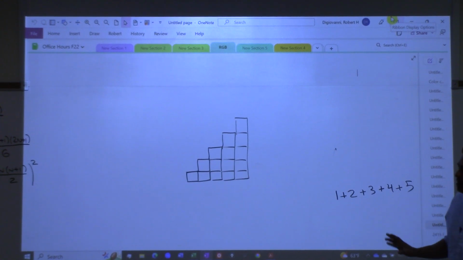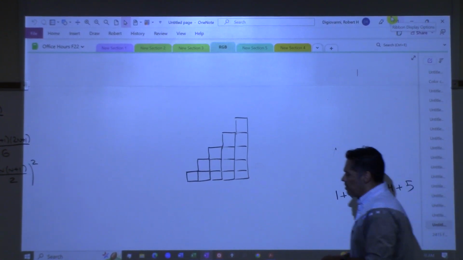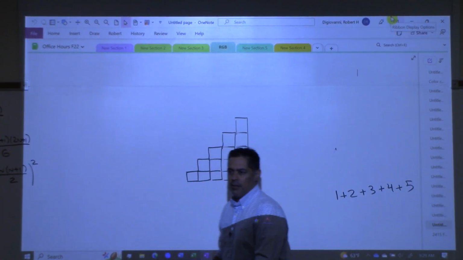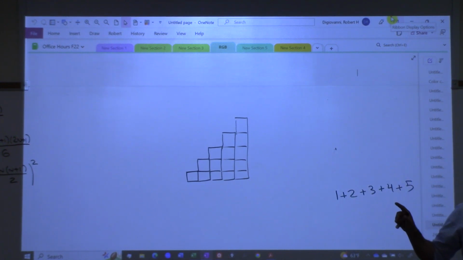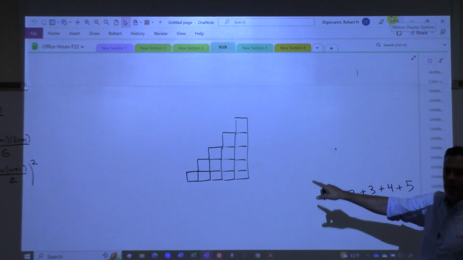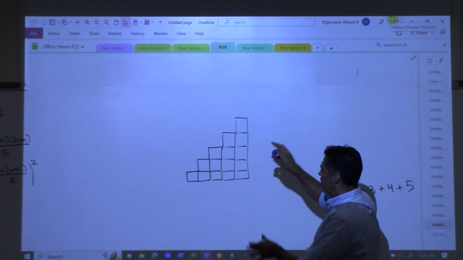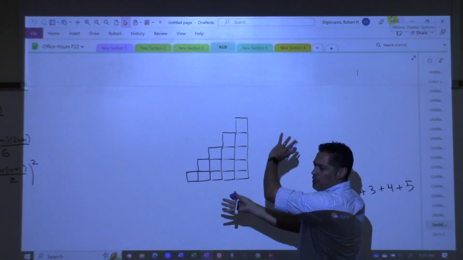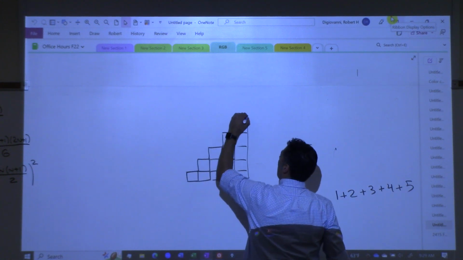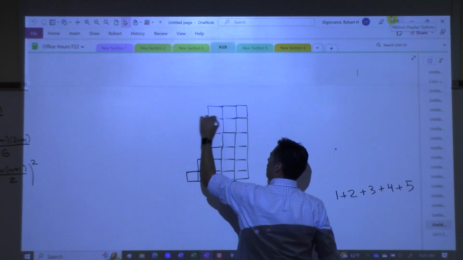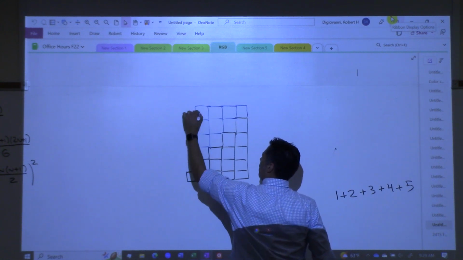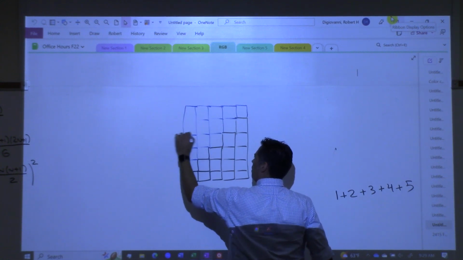The way I'm going to try and come up with a formula is I'm going to copy that, right? Computer, I'm going to copy it, paste it. So I'm going to make a copy of this, all right? And I'm going to flip it over. So imagine I take a copy of that and I flip it over and I put it like this. I put the 1 here, the 2 there, the 3 there, the 4 there, and the 5 there.